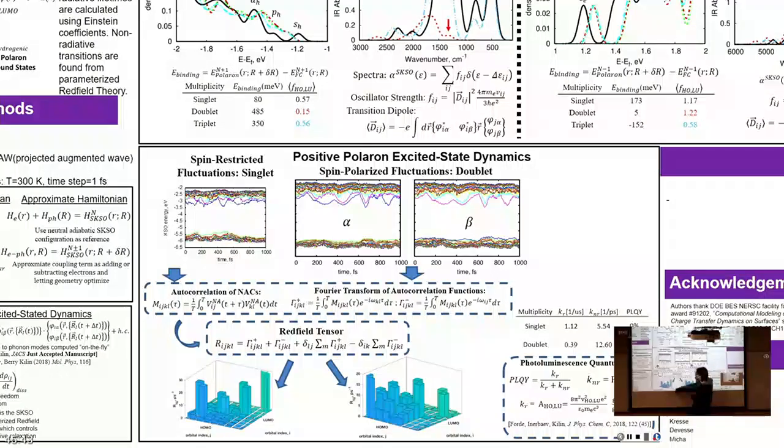So we're basically just looking at these two terms. Those are visualized as our Redfield tensors at the bottom here, which represent state-to-state transitions between orbitals. Our X and Y axes are orbitals, and then the Z components describe rates of transitions between the orbitals.